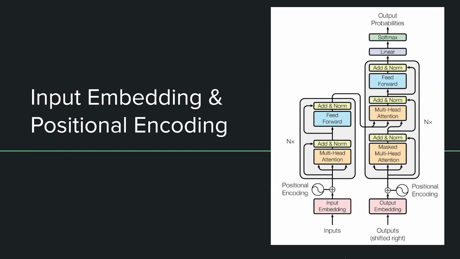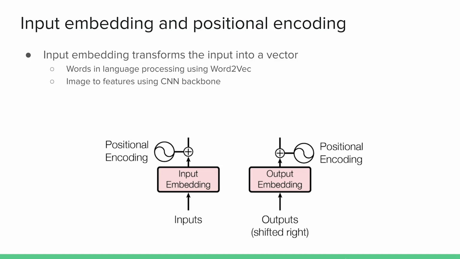Before we get to this attention mechanism, let's dissect this figure that I'm showing you here and try to understand all of the individual components that went into this design. We're going to start with the input embedding and the positional encoding. Neural networks do not understand words. They do not understand images.